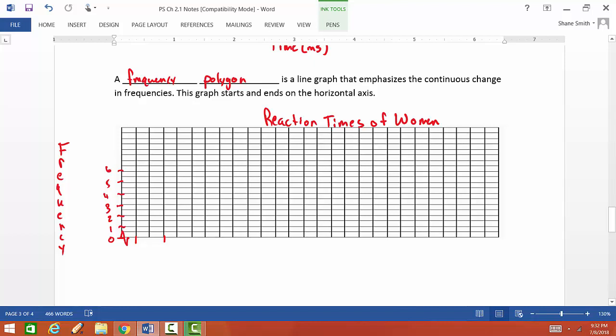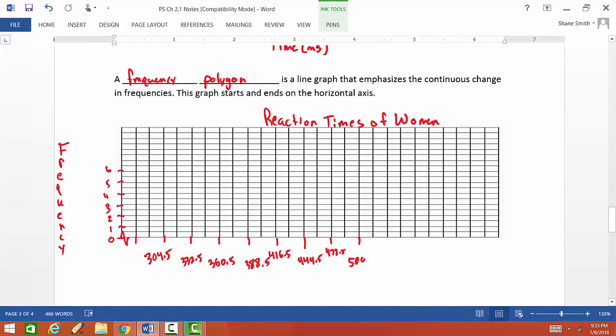So, your first midpoint is 304.5, and then we're going to start counting. 332.5, 360.5, 388.5, 416.5, 444.5, 472.5, and 500.5.